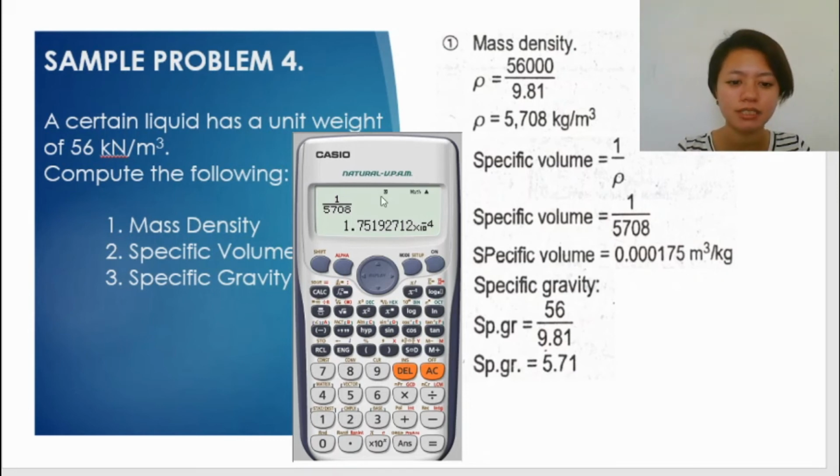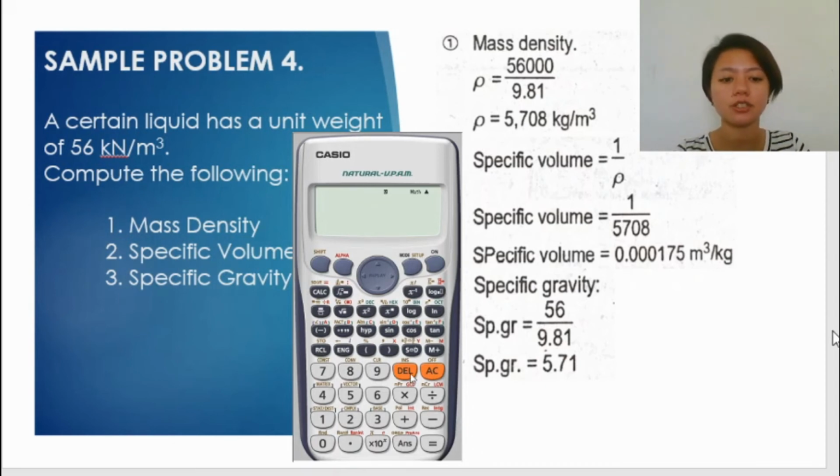Lastly, we have specific gravity. Given that we have 56 kilonewtons as unit weight, we use the 9.81 standard value of the unit weight of water. It can be confusing because gravity and the unit weight of water have the same value, but what we use here is 9.81 as the standard unit weight of water.